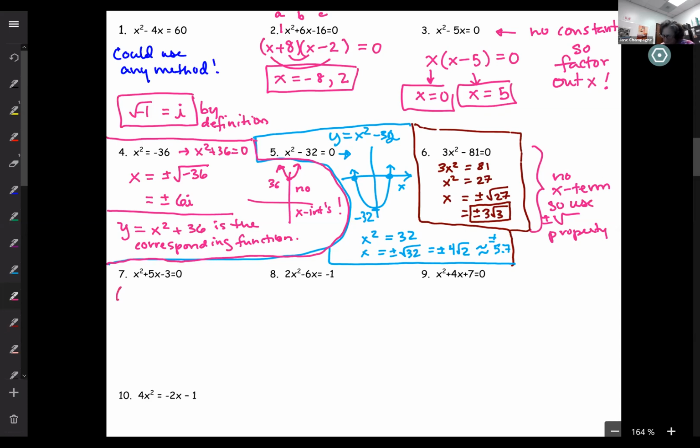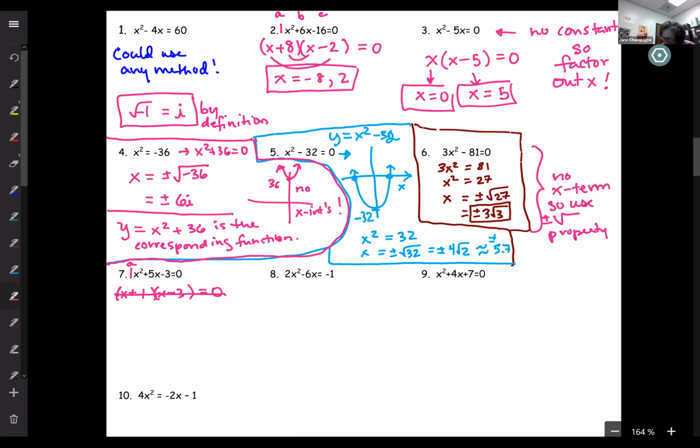I think that there are no two numbers that multiply to give you a negative 3 that then add, or actually their difference, right? Because the signs are different. Difference would be 5. Can't be, because the only factors of 3 are 3 and 1. So you can't get 5x from 3 and 1. So this is a good quadratic formula.